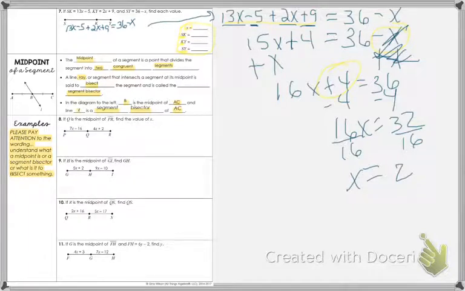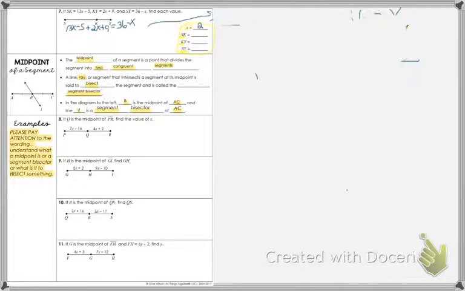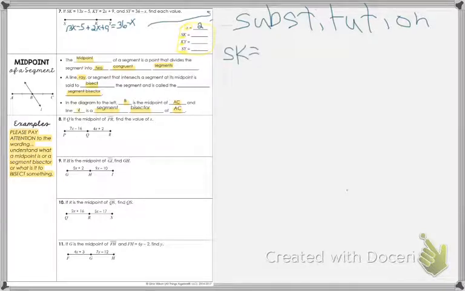So now I know the value of x, 2. The rest is simply substitution. SK is equal to 13x minus 5.